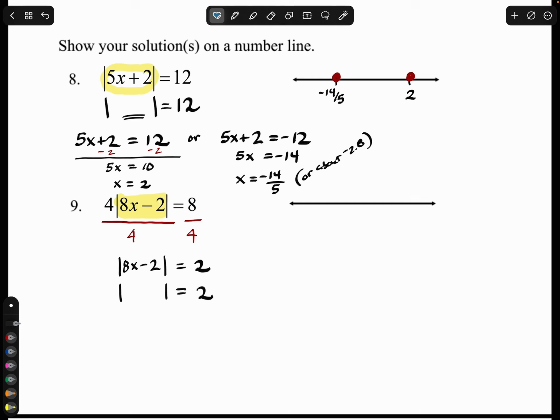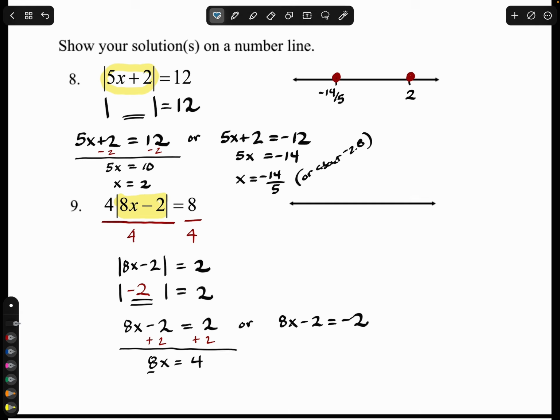Now, just like the last one, when you think about what two numbers are 2 units from 0, we know that this value could be a 2 or it could be a negative 2 to make this true, which means that 8x minus 2 has to either equal 2 or 8x minus 2 has to equal negative 2. And then we're just going to solve those.